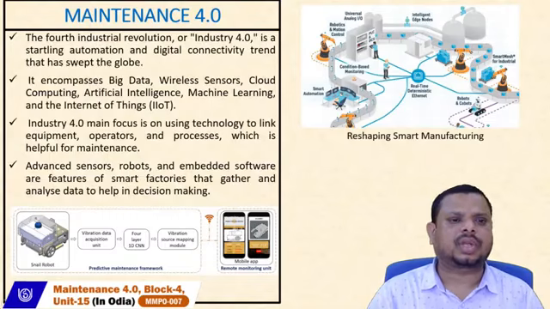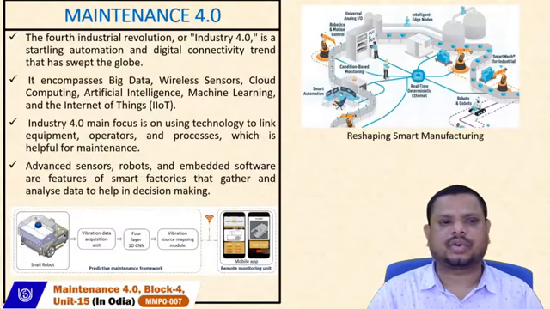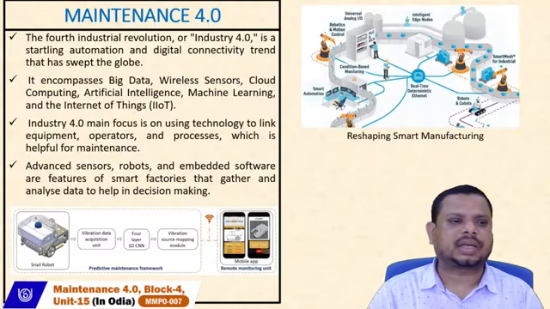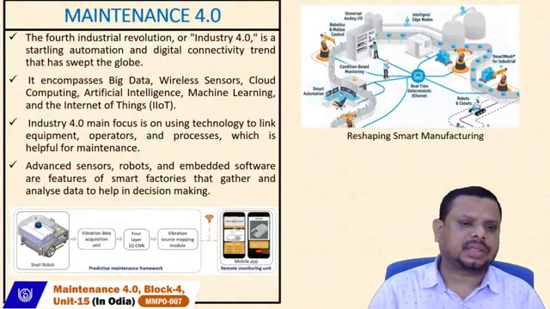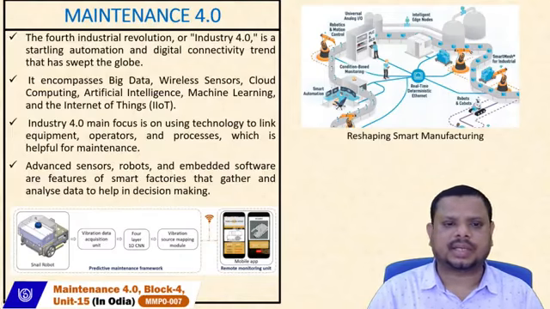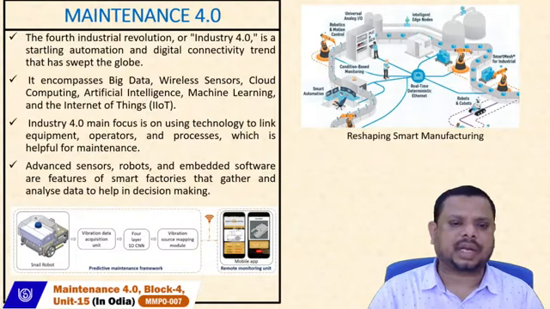So under the fourth industrial revolution, Industry 4.0 is the automation and digital connectivity trend that swept across the globe, and it encompasses big data, wireless sensors, cloud computing, artificial intelligence, machine learning, and the Internet of Things.